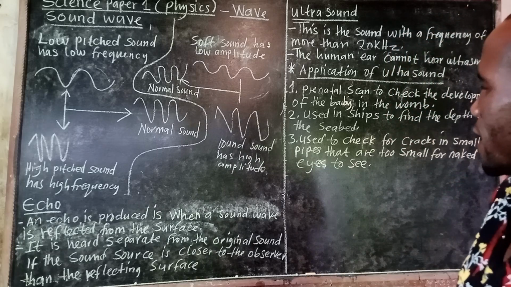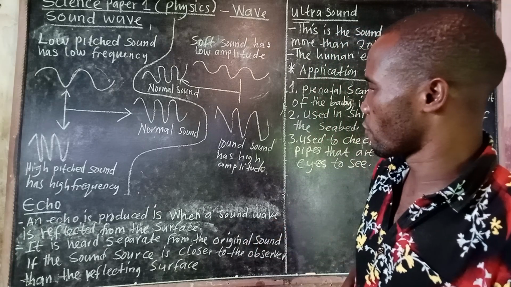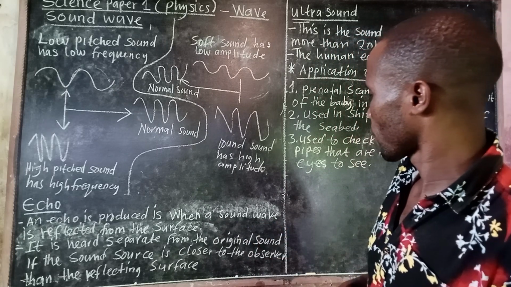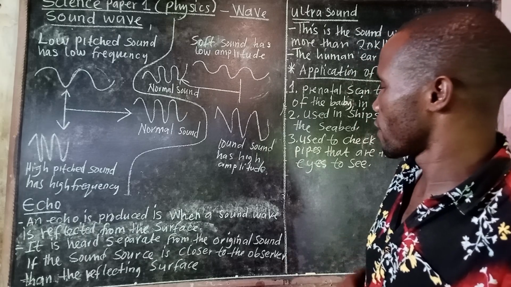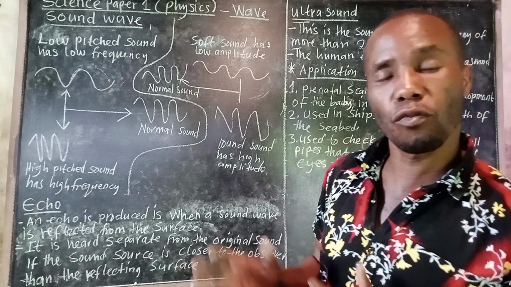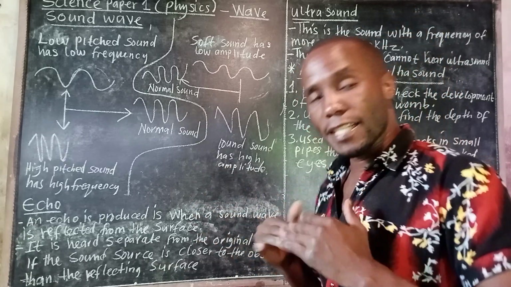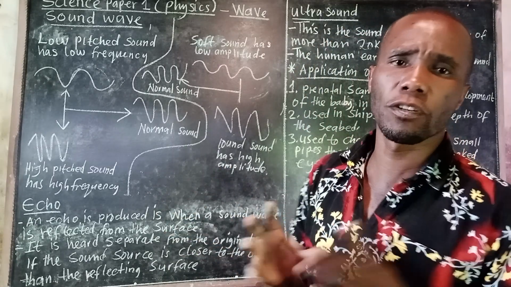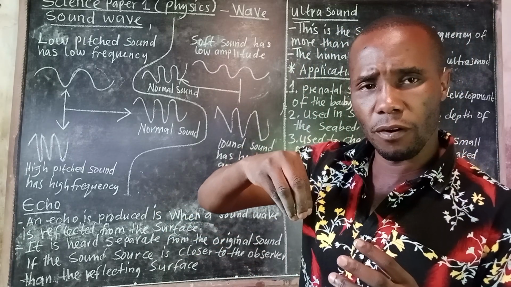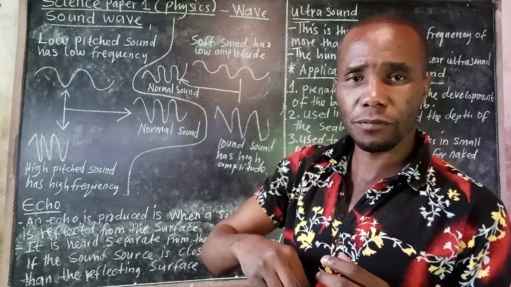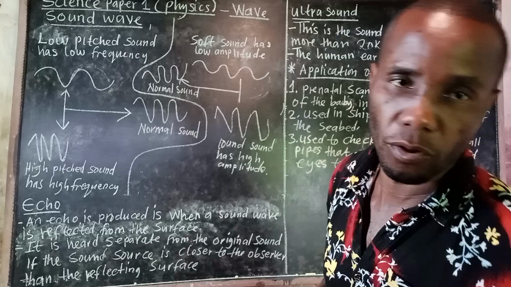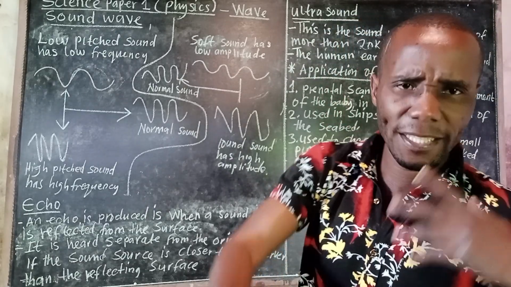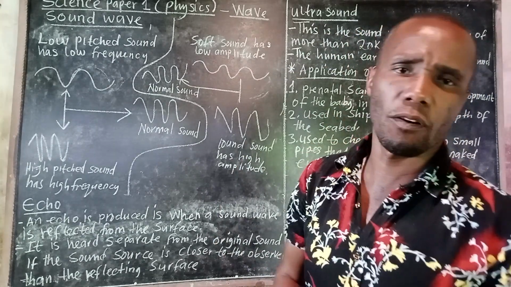It is heard separate from the original sound from the sound source, and the source is closer to the observer than the reflecting surface. The sound that I've made is different from the echo. The echo will be heard later on.